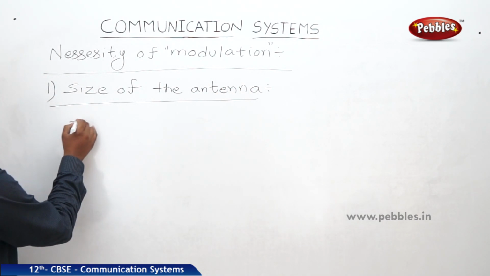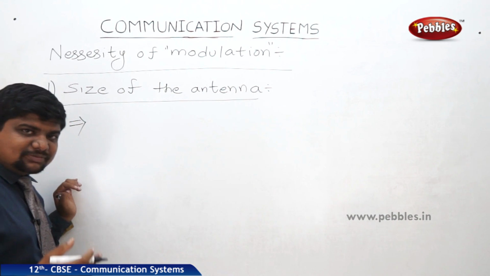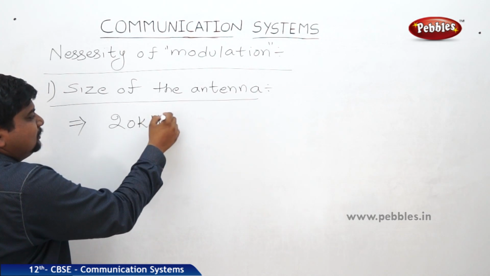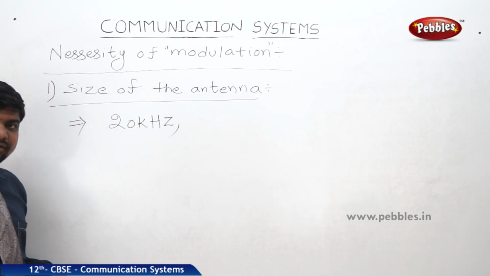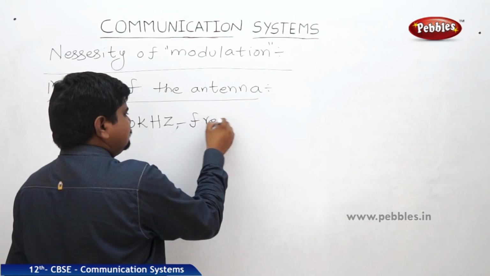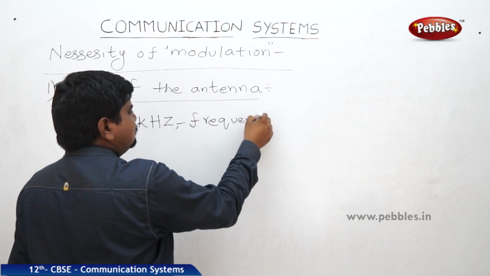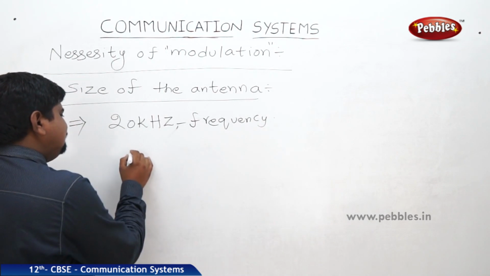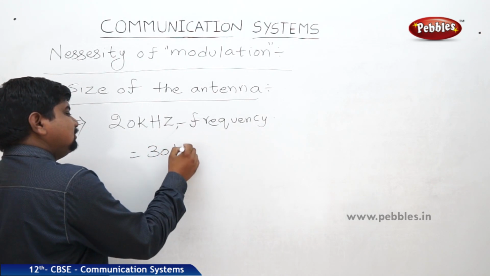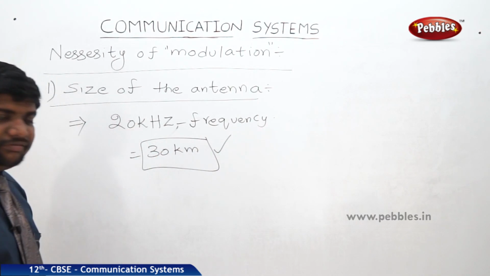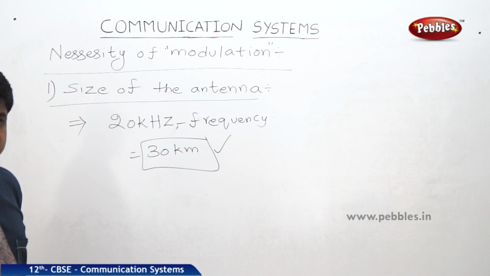Suppose you want to transmit a signal of about 20 kilohertz, suppose this is the frequency, the height should be 30 kilometers, because we will get a wavelength of the order of 30 kilometers for this 20 kilohertz frequency.